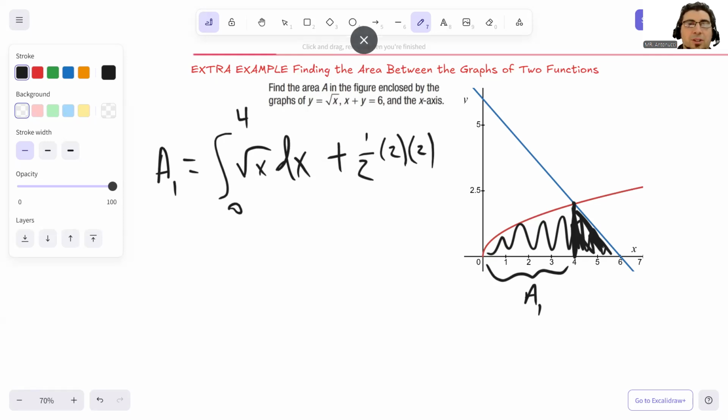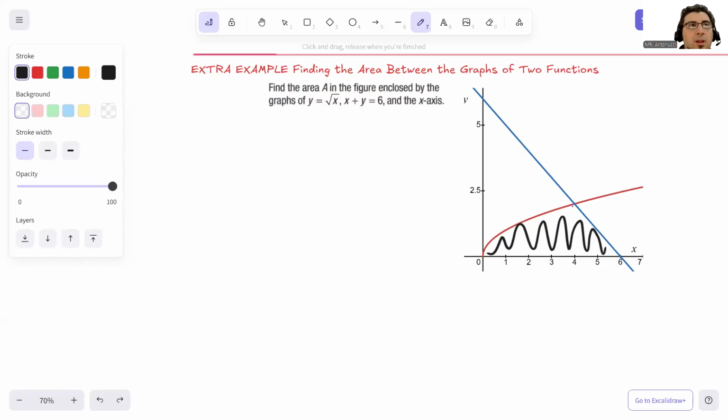However, there are still more ways to do this one. Let me show you a couple more. Another way to think about this one is to consider making a horizontal strip like this. And then your integral is going to be from 0 to 2, because now you have to integrate with respect to y, of the line, which is x equals negative y plus 6.